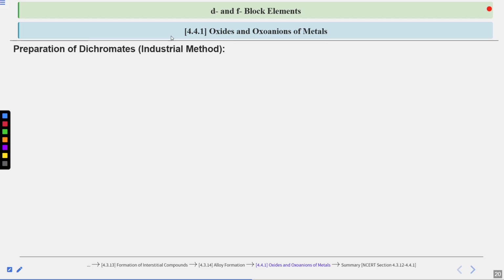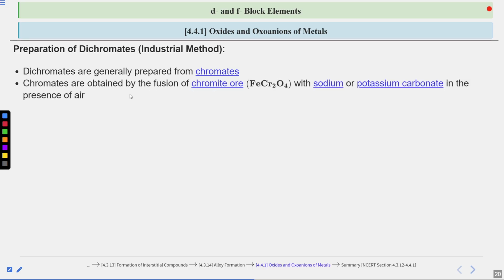Now, the preparation of dichromate: we are going to see the industrial method. Dichromates are generally prepared from chromates. Chromates are obtained by fusion of chromite ore, that is FeCr2O4, with sodium or potassium carbonate in the presence of air.